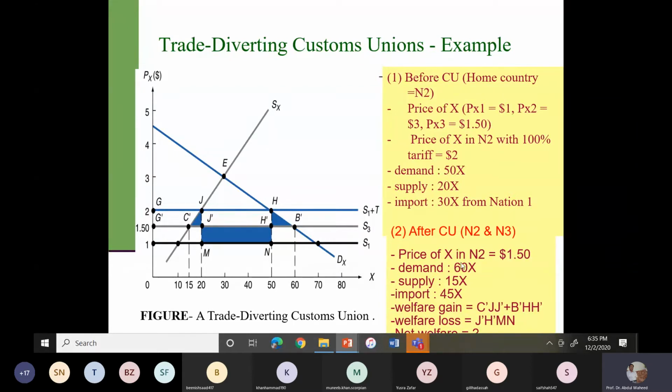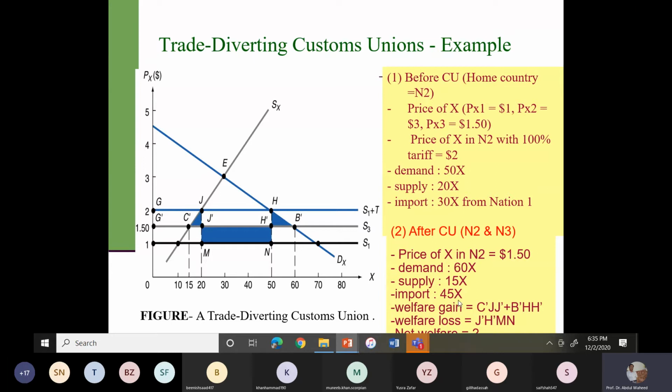So the price of X in nation 2 would be $1.5 when there is a formation of custom union of nation 2 with nation 3. And then if we look at the domestic demand at $1.5, this is 60 units of X, and domestic supply is 15X at $1.5.